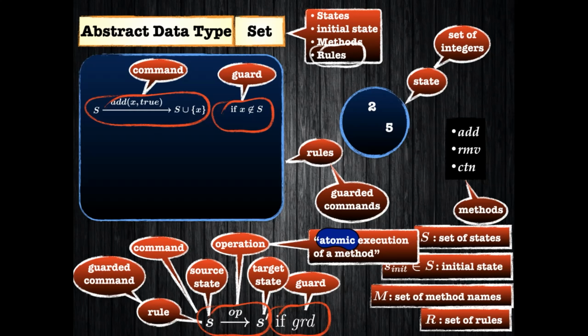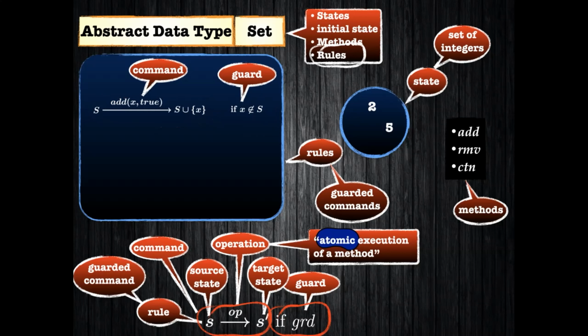As a result, I obtain S union the set X. And the guard tells you this you can do if X is not already in the set S. So again, comparing with the general form, this is the source state. This is the target state, S union the singleton X. So the whole of this is the target state.